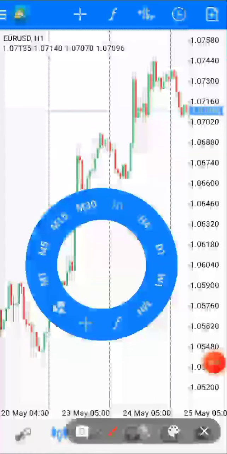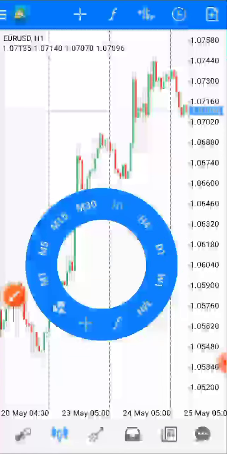You can see 1 minute, 5 minutes, 15 minutes, 30 minutes, 1 hour, 4 hours, daily, weekly, monthly. All these are time frames. 9 time frames on MetaTrader 4 and MetaTrader 5 for Android.